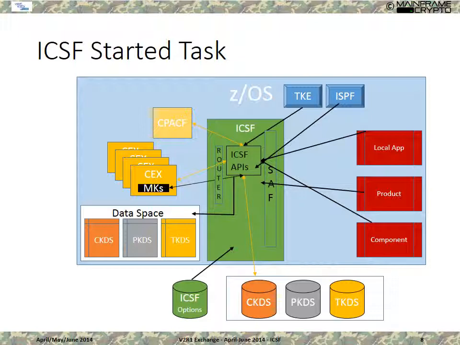So ICSF will monitor how many threads are running on each card. If one card starts to get busy, ICSF will see if there's another card available and will start routing work to that second card. And when that card starts getting busy, it'll look for a third card. There's nothing you can do to control that routing or to manipulate how things are routed to various cards, but ICSF takes the responsibility for making sure that you're getting the best performance with the available resources.